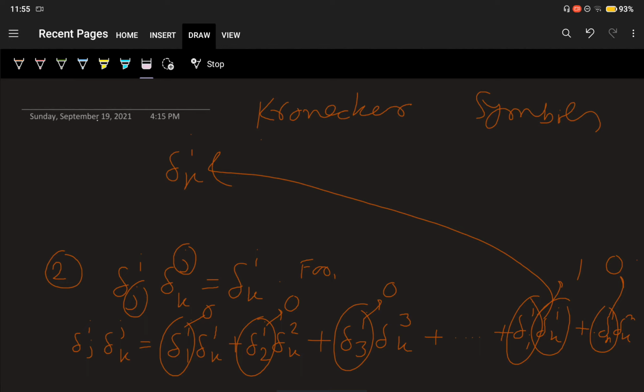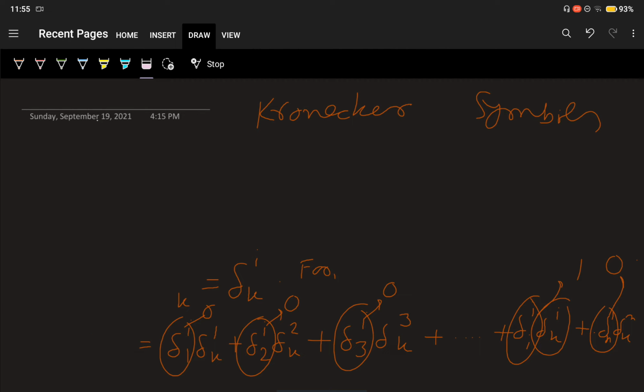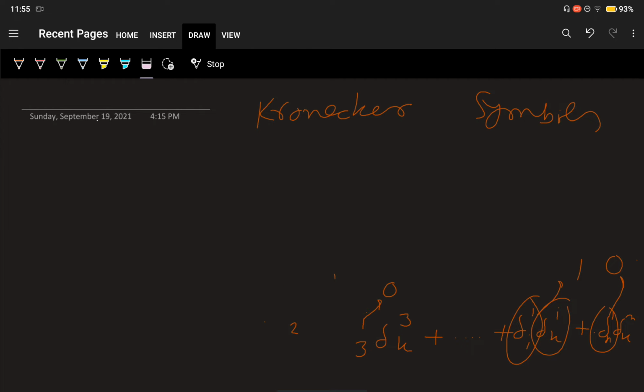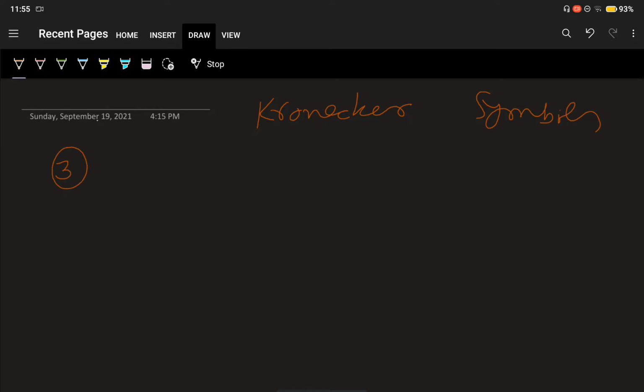Now the third property. Delta ii can be represented as delta 11 plus delta 22 plus delta 33 plus and so on to delta nn.